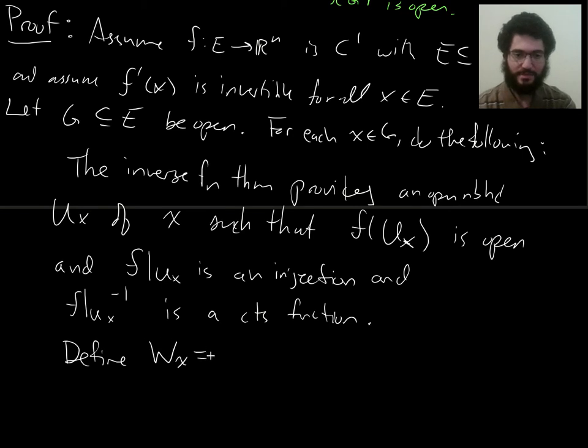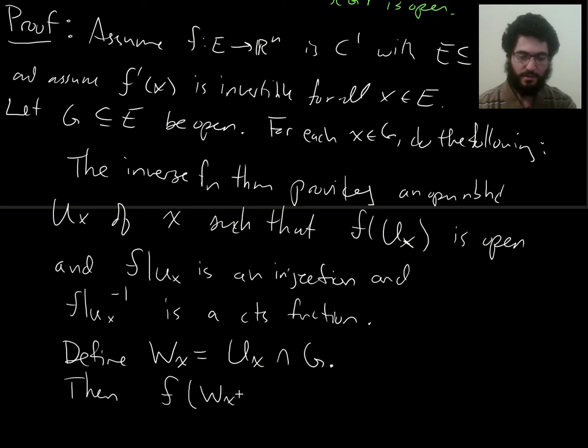Define W sub x to be U sub x intersected with G. Then the image under f of W sub x is, well, W sub x is a subset of U sub x, so there's no harm in restricting to U sub x first, right?